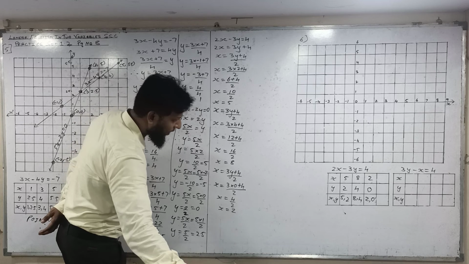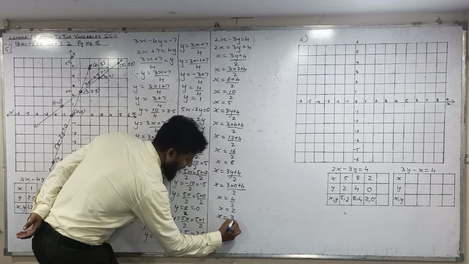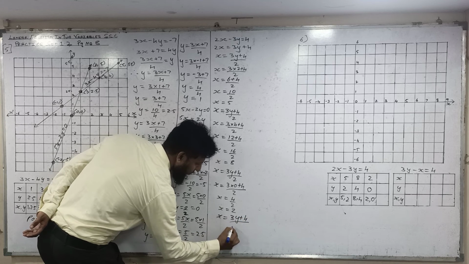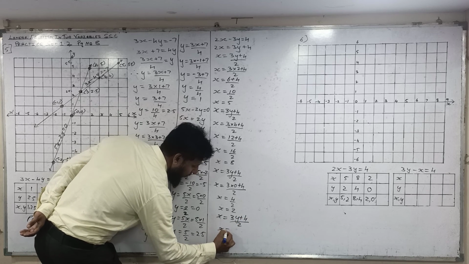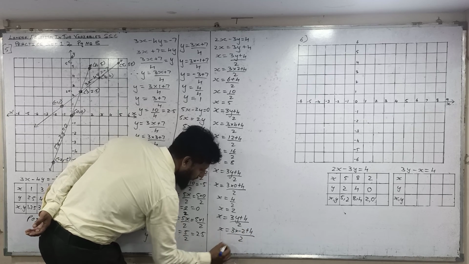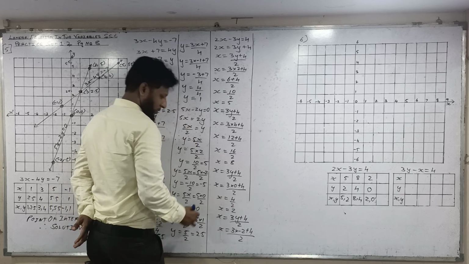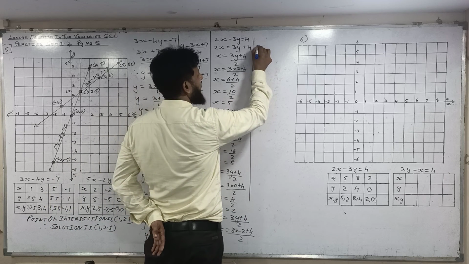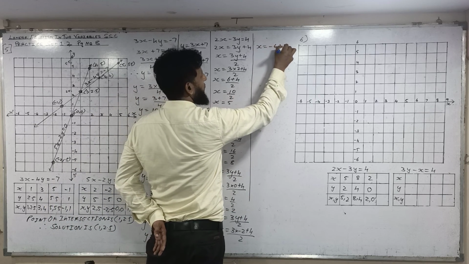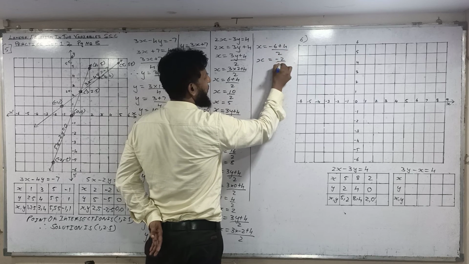Now again x is equal to 3y plus 4 upon 2. Take negative value. y value minus 2 plus 4 upon 2. 3 twos are 6. x is equal to minus 6 plus 4 upon 2. x is equal to minus 2 upon 2.